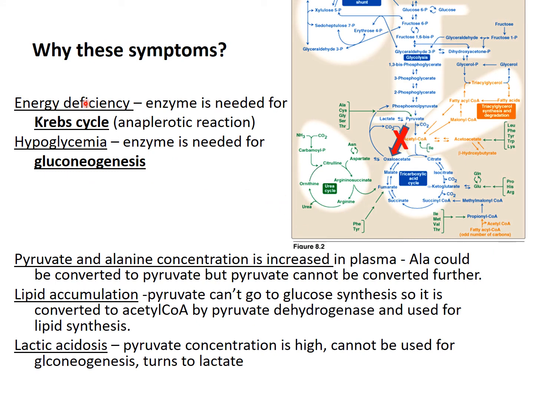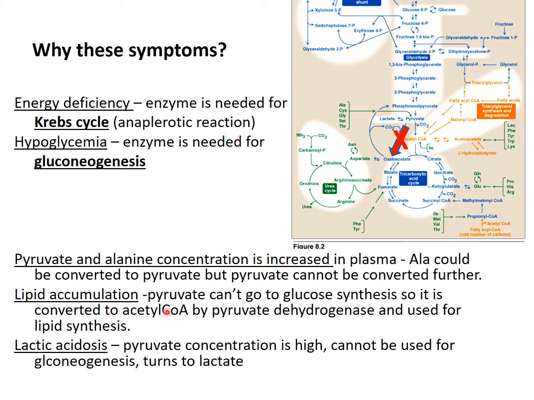So we saw energy deficiency, which is a Krebs cycle problem. We saw hypoglycemia, which is a gluconeogenesis problem. We see pyruvate and alanine concentration increased because this enzyme is not working.